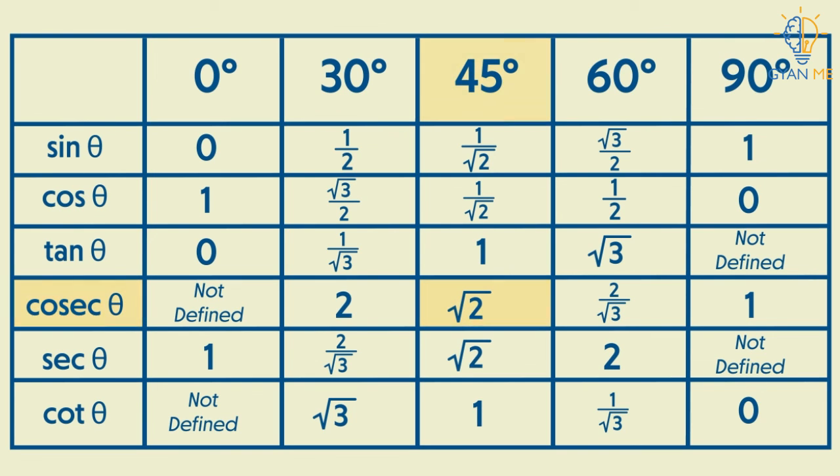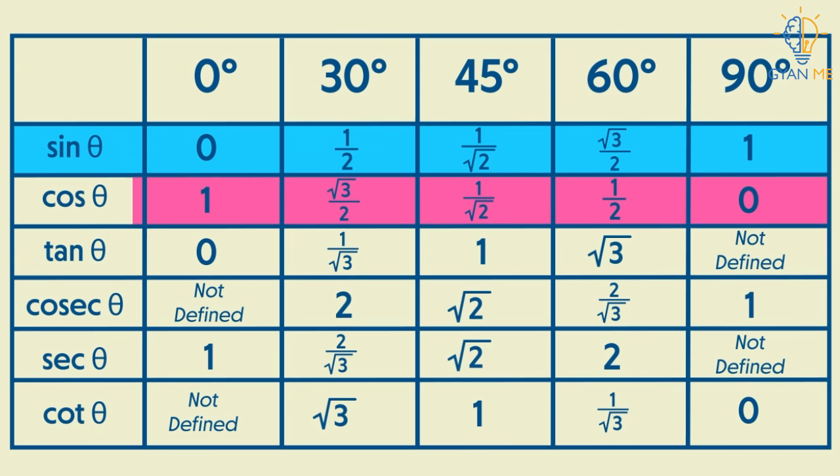So do we need to remember the whole table? No, of course not. We just need to remember the values of sine. So simply, we remember the value of sine, which is written as 0 to 1 rightwards, and for cos, 0 to 1 leftwards, that is reverse of sine.